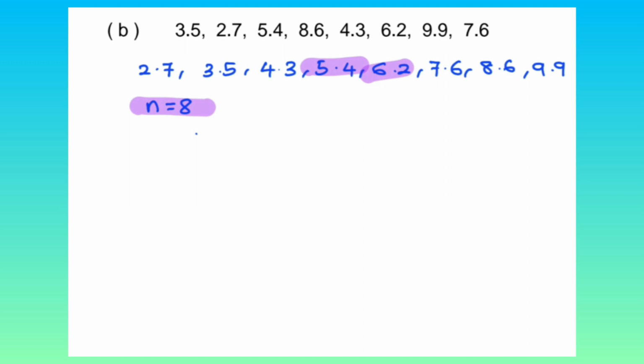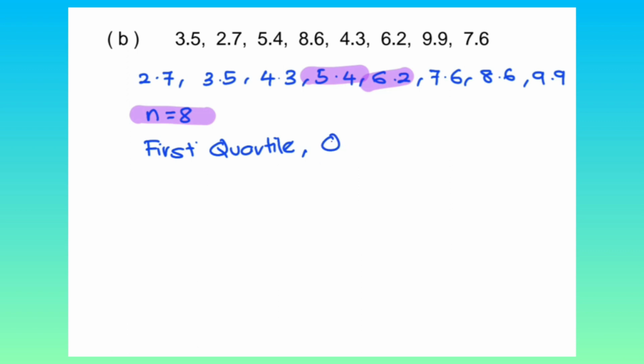Okay, next we want to find the first quartile, Q1. Therefore the value of k is 1. As usual, we need to identify which observation represents the first quartile. So find r, which is equal to k times n over 4.